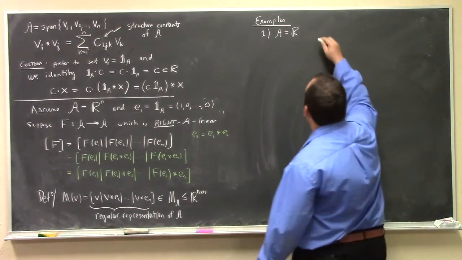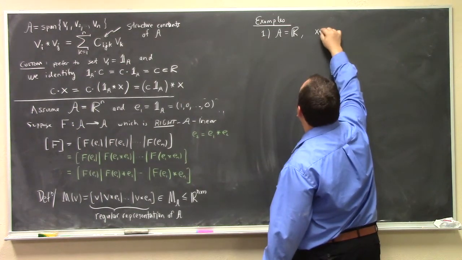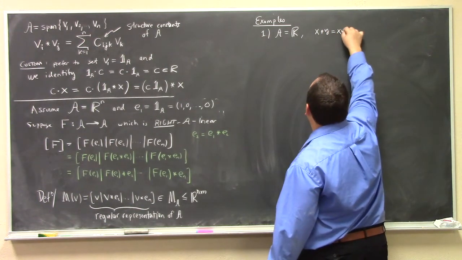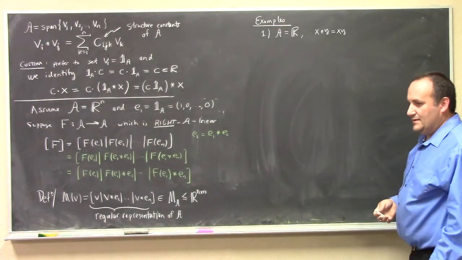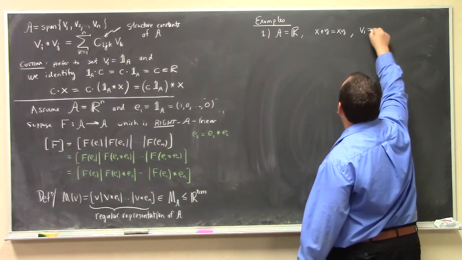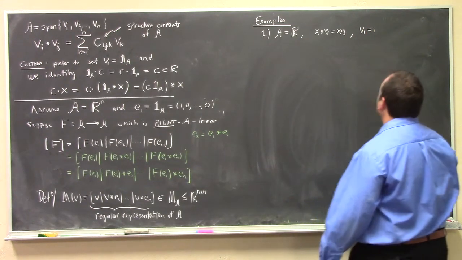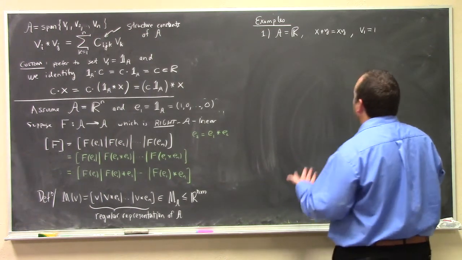In this case, x times y is just equal to xy. So we use juxtaposition for the product. We don't really need the product. And in here, there is just v1, which is equal to 1. So 1 in the algebra is the number 1.